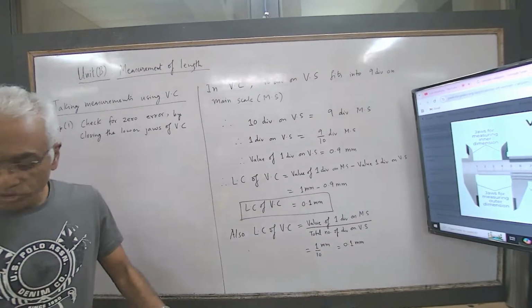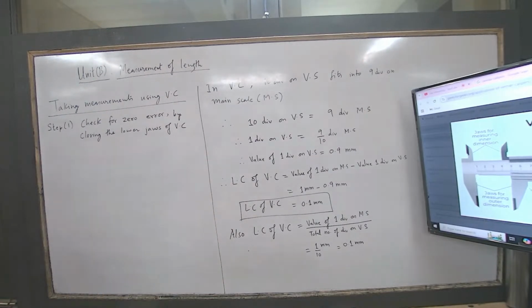When you close the jaws, look here, there is a diagram given in your book. When the jaws are closed, the zero of the vernier and the zero of the main scale should coincide. So if they are not coinciding, then there is an error. There are three cases possible.